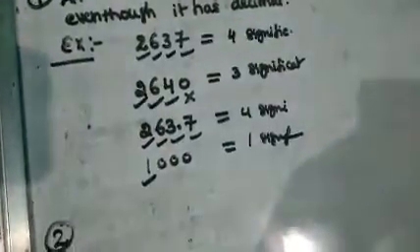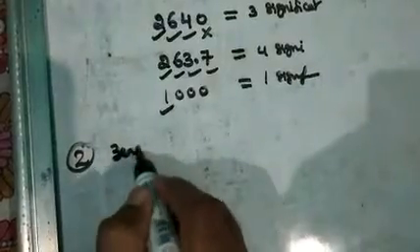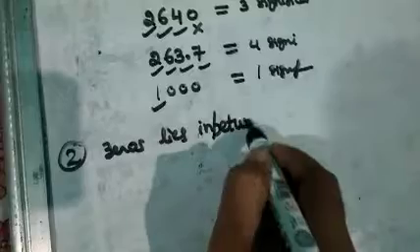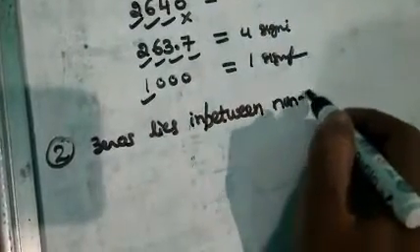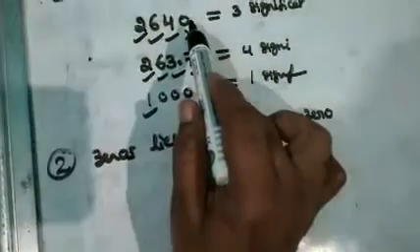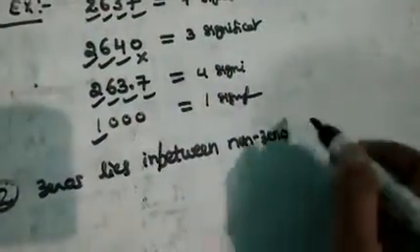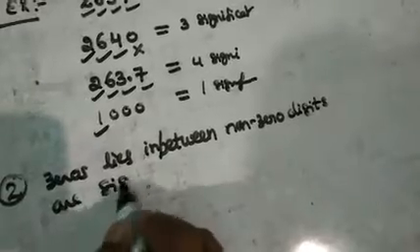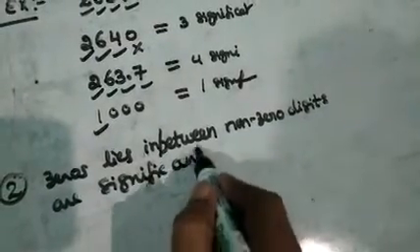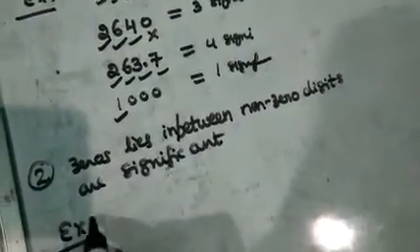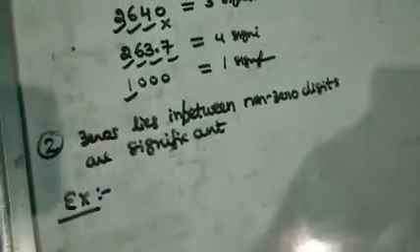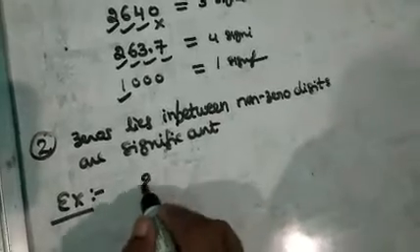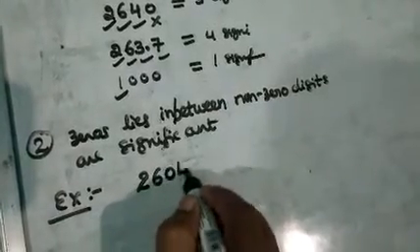But the second rule: zeros lying in between non-zero digits are significant. Whenever a 0 is in between non-zero digits, then it becomes significant. They have to be countable. If zeros are at the end like this, not countable, but if a 0 is in between, you have to count. Look, 2604.